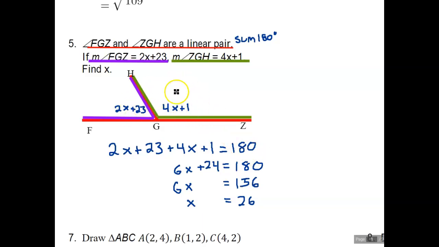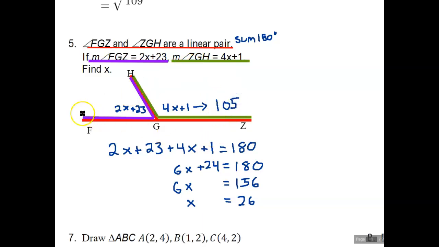So if x equals 26, we can double check our answer and make sure that our two angles add up to 180. If I plug in 26 here, 26 times 4 plus 1 comes out to 105, all right?